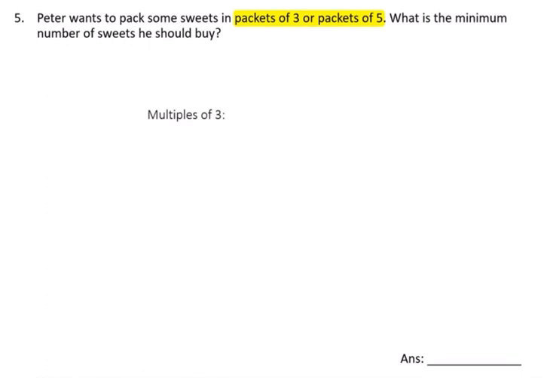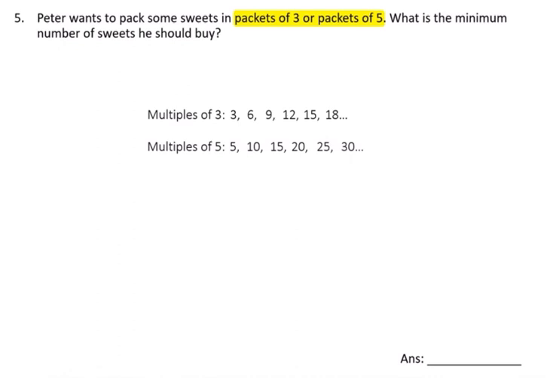So let's work out multiples of 3 first. 3, 6, 9, 12, 15, 18, 21. So either 3 sweets, 6 sweets, 9, 12, 15, or 18 sweets, and so on. But if you want to pack into packets of 5, it will be multiples of 5. So either 5, 10 sweets, 15 sweets, 20 sweets, 25 sweets, 30 sweets, and so on.